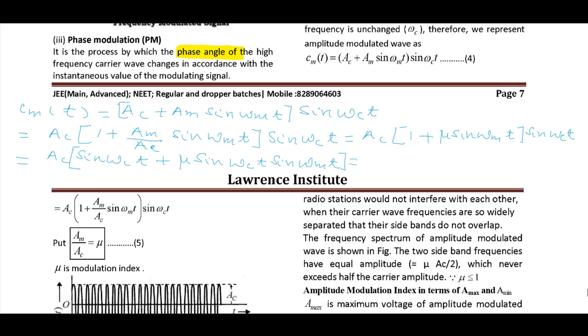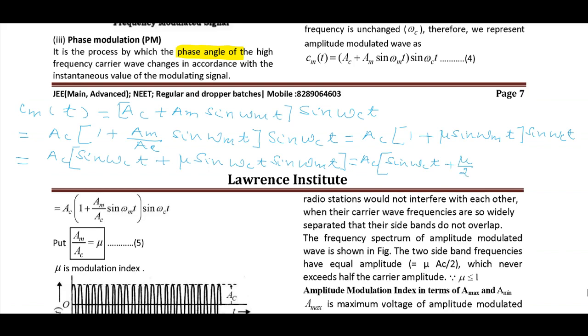Now I will take AC as common. Look here very carefully. Here I shall have sine omega ct as it is, plus mu. Here we will play a trick.